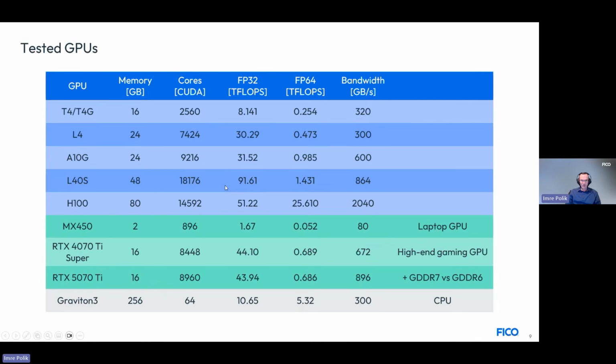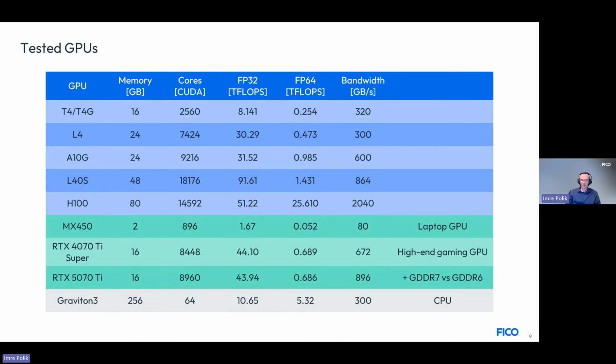The number of CUDA cores, there isn't such a big difference because the gaming cards already have over 8,000, and maybe you could have 50% more, but that's not a huge difference. On the other hand, the double precision floating point speed is another huge differentiator. The H100, one of the highest end cards, has double precision speed only half of its single precision speed.